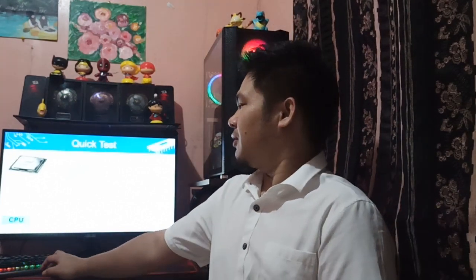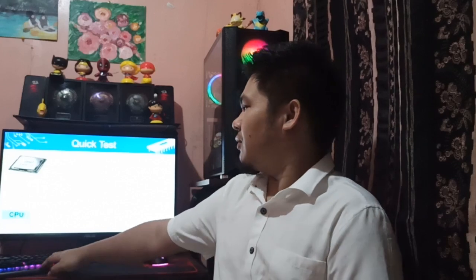What is the use of the CPU? Good, this is the CPU. For the next picture, what is this one? Mr. B. That's correct, this is a RAM, or the random access memory. What is the use of RAM?